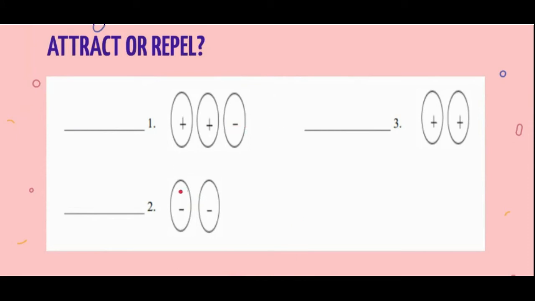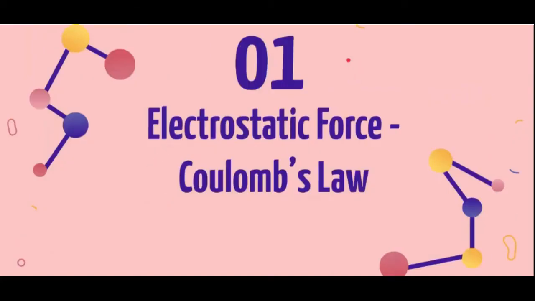But the question is, by how much? What is the strength of the attraction? What is the strength of the repulsion? And that strength will be answered by Coulomb's law.